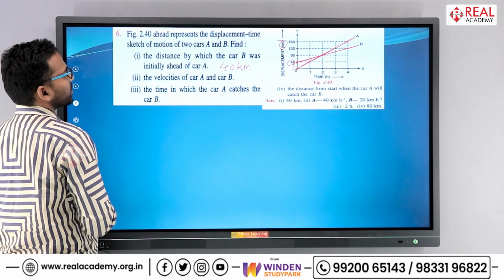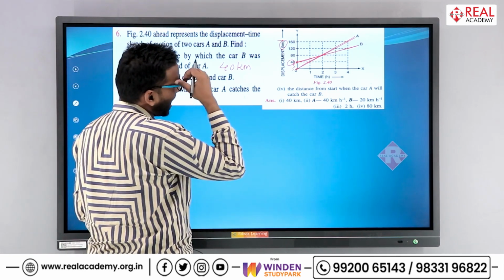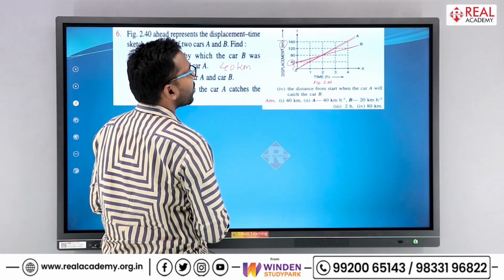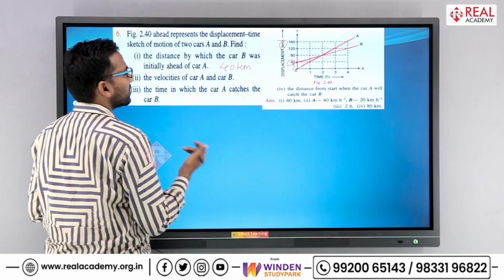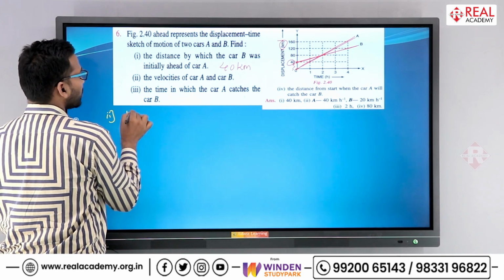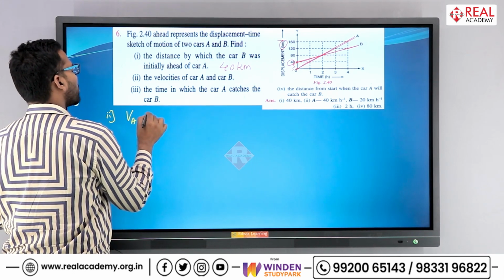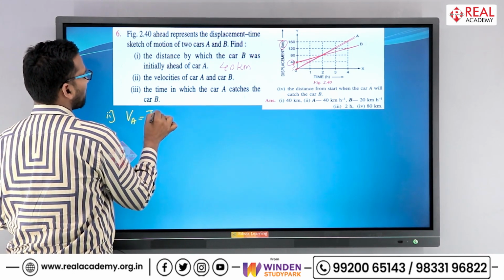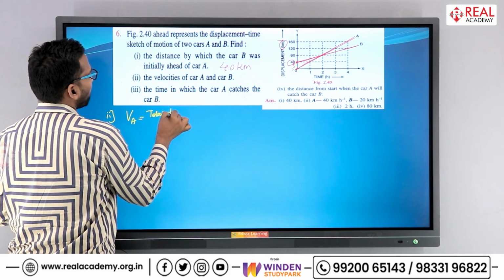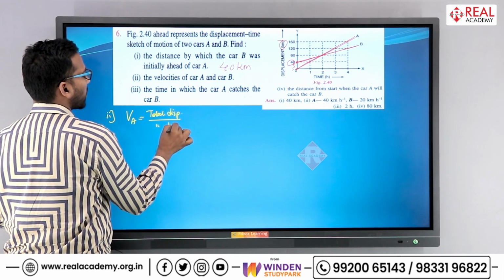Okay. Next question. The velocity of car A and B. So second, velocity of car A. What is the velocity of car A? Let us take average velocity, total displacement upon total time.